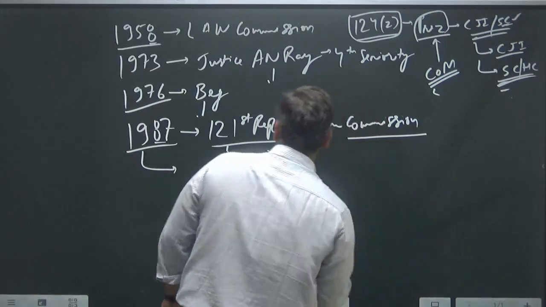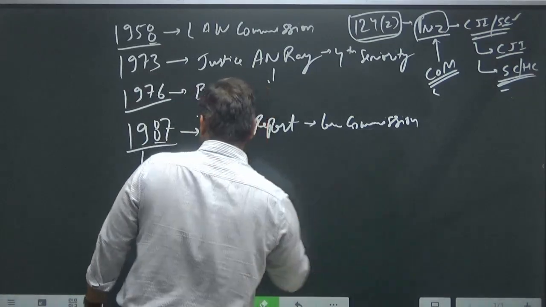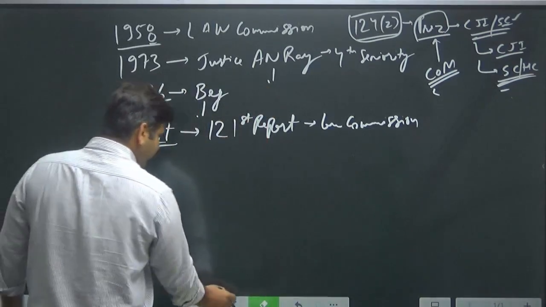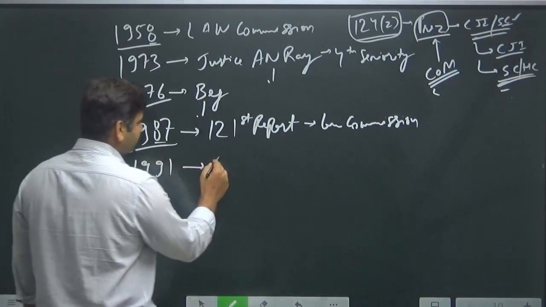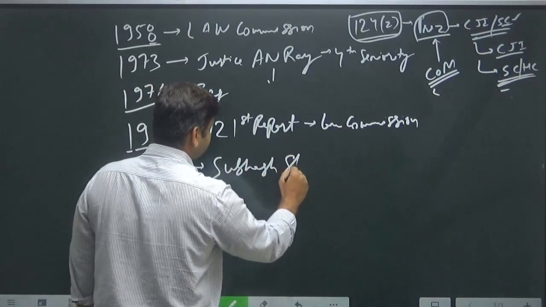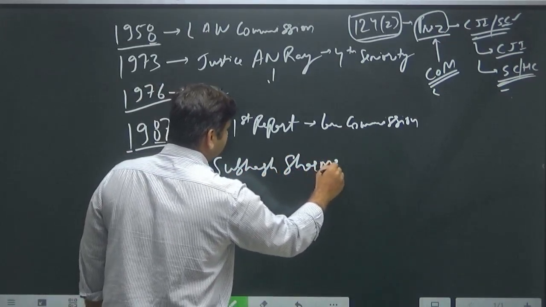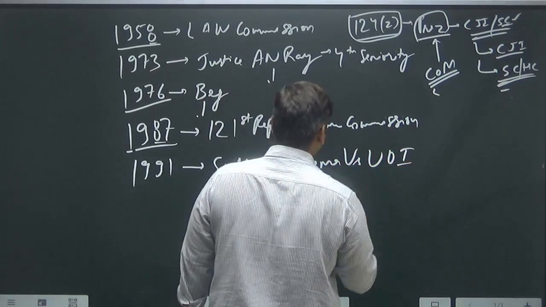Now coming to 1991. 1991 was an important year when a case called Subhash Sharma versus Union of India happened.